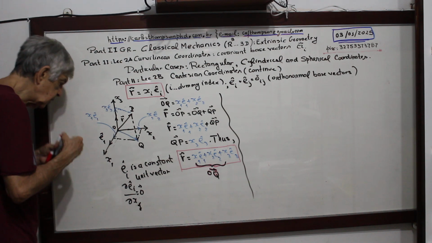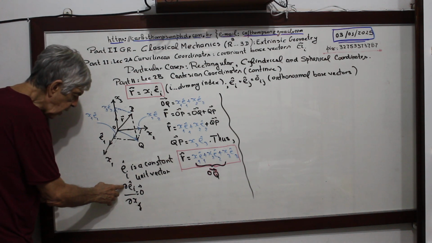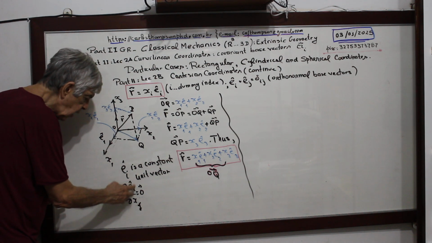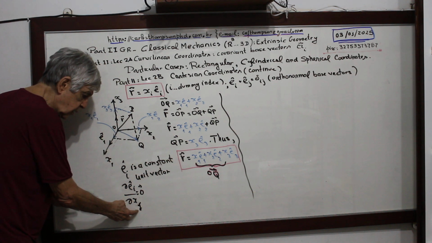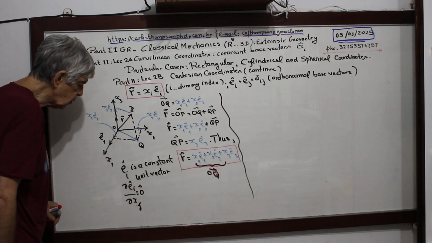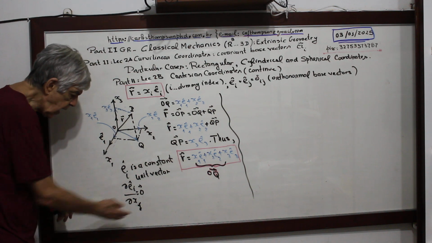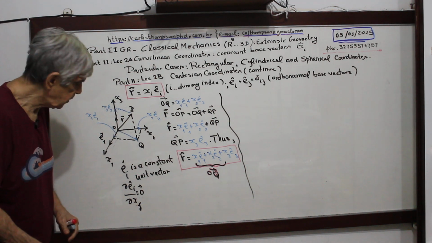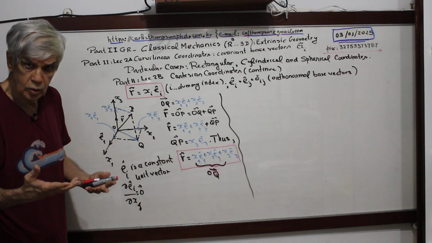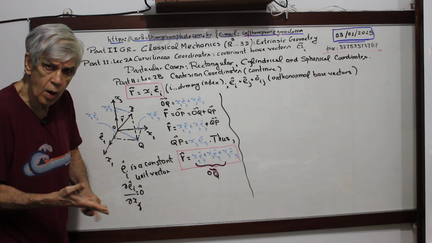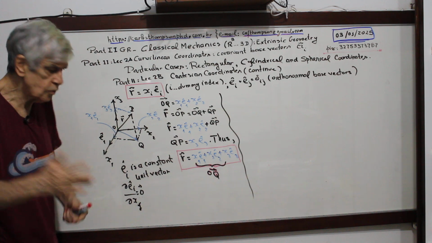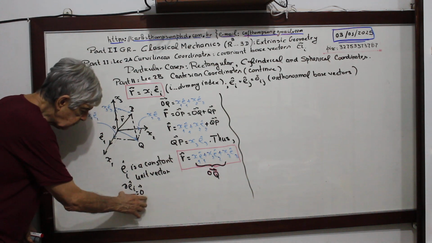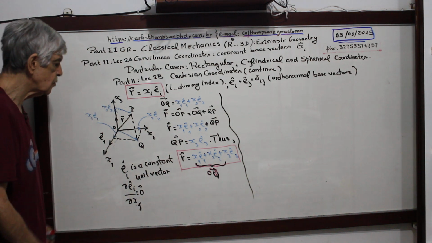So it's constant. That's why the partial derivative of e_i with respect to x_j is equal to 0. x_j could be x1, x2, or x3, and e_i could be e1, e2, or e3. This is the zero vector. So it's constant.